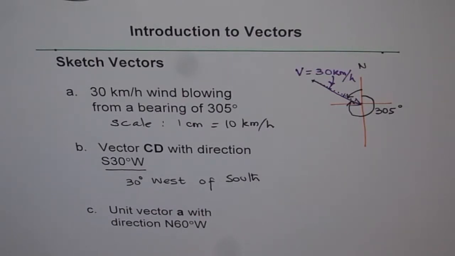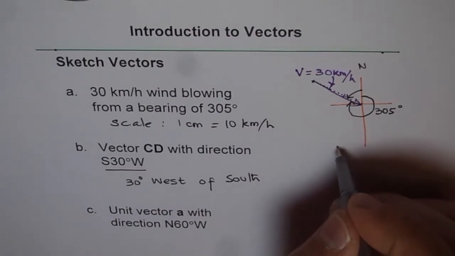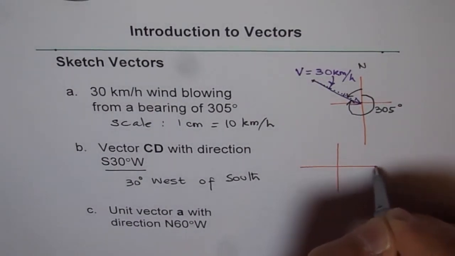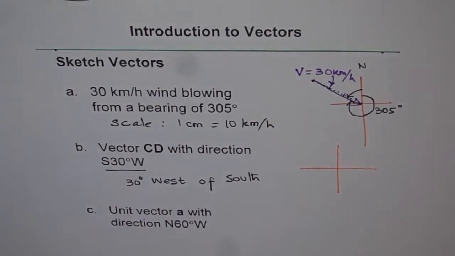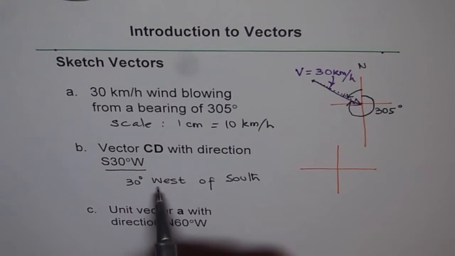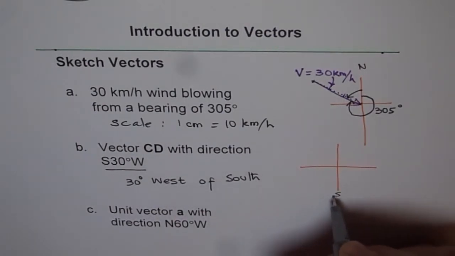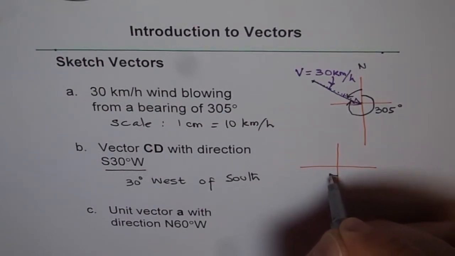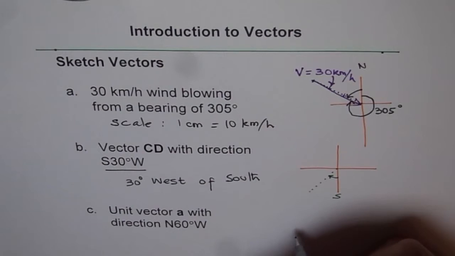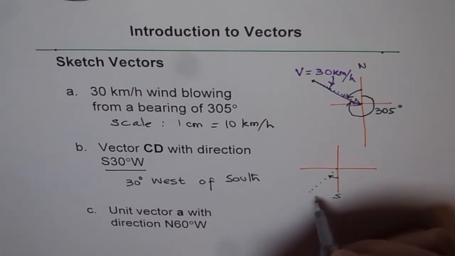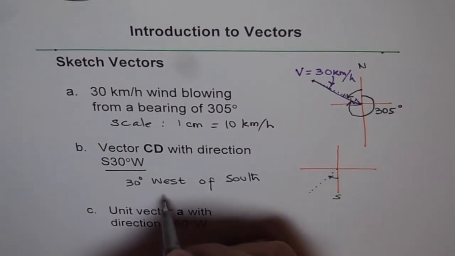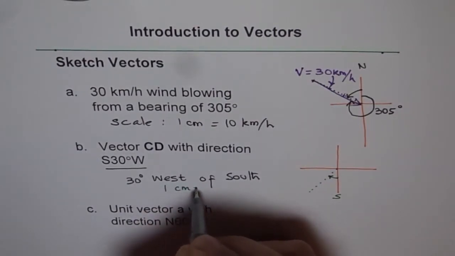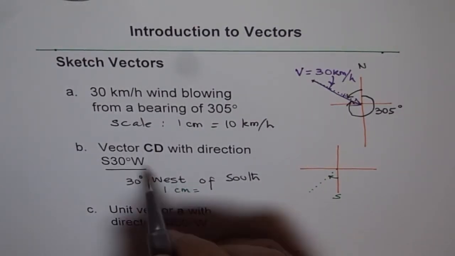So now let me give you the answer here. 30 degrees west of south. So this is your south, right? You have to go towards west by 30 degrees. So let's say this is my 30 degrees, right? So that becomes the direction. Do you see that? And this is vector CD.